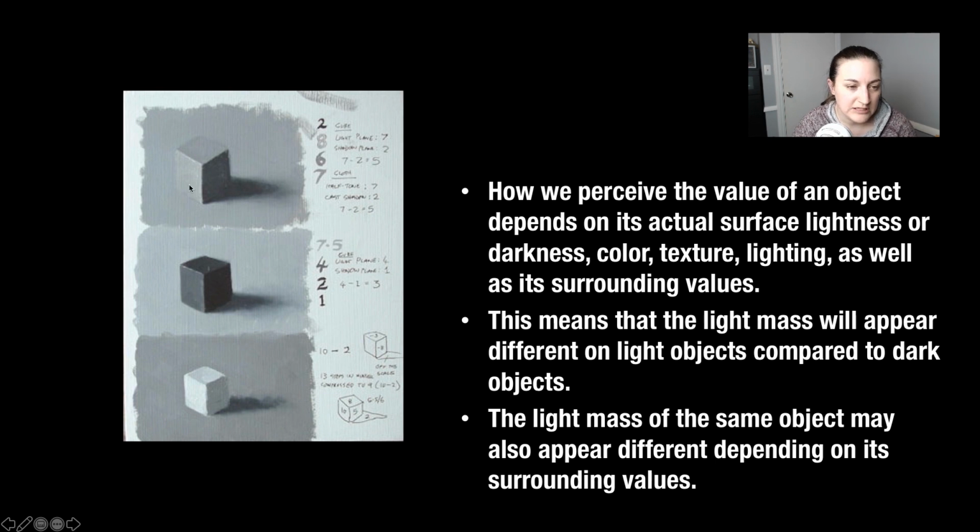So they've attributed value numbers to each one of these, saying that 10 minus 8 right here equals 2. And that's how they've figured out these numbers here.